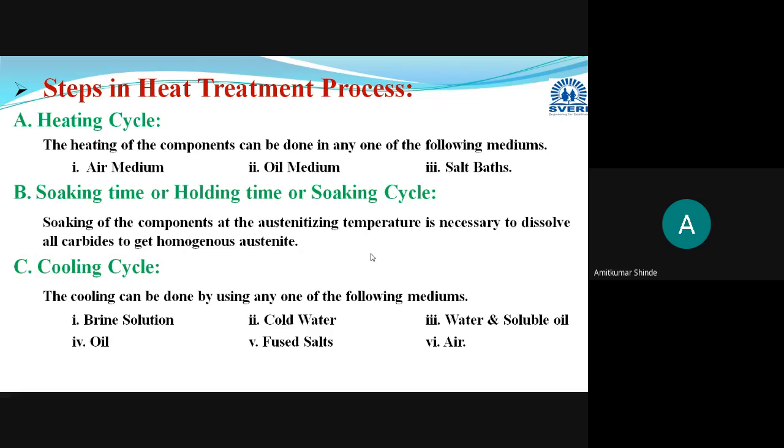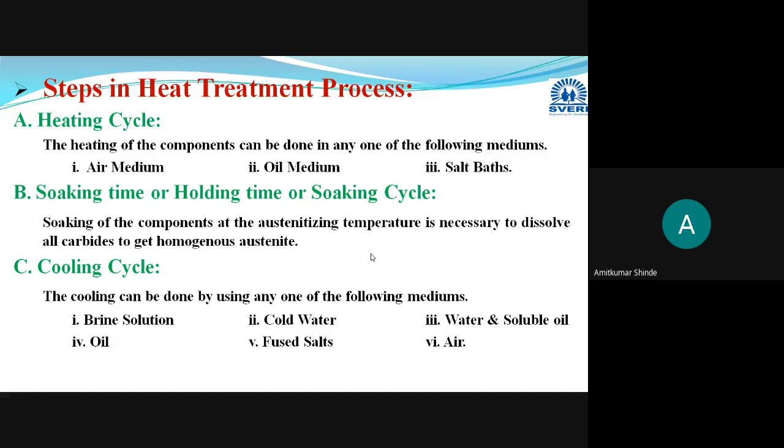The second precaution you can take is to wrap the component in stainless steel foil, or cover that component with cast iron chips. Then the third precaution is that you can apply a thick coating on that component with the help of boric acid.